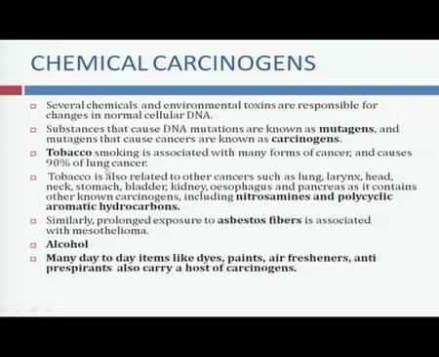Now, tobacco not only causes lung cancer, but it is related to many other cancers like that of the larynx, head, neck, stomach, bladder, kidney, esophagus and even pancreas, because it has many other carcinogens like nitrosamines and polycyclic aromatic hydrocarbons. Even many day-to-day items like dyes, paints, air fresheners, antiperspirants also carry a host of carcinogens.